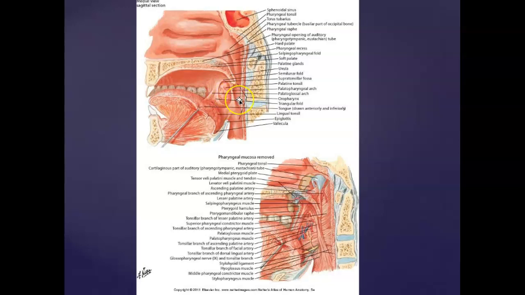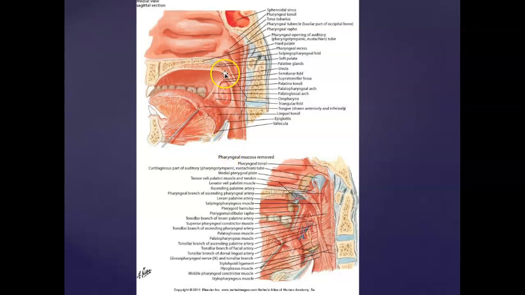And they call this Waldeyer's ring. You can see the three tonsils here: the lingual tonsils in the back of the tongue, the palatine tonsils just underneath that, kind of the soft and the hard palate back here, and then the pharyngeal tonsils, remember the adenoids, way up here. These are all lymphatic tissues just ready to capture anything coming in towards the trachea or the esophagus that might need some lymphatic awareness.